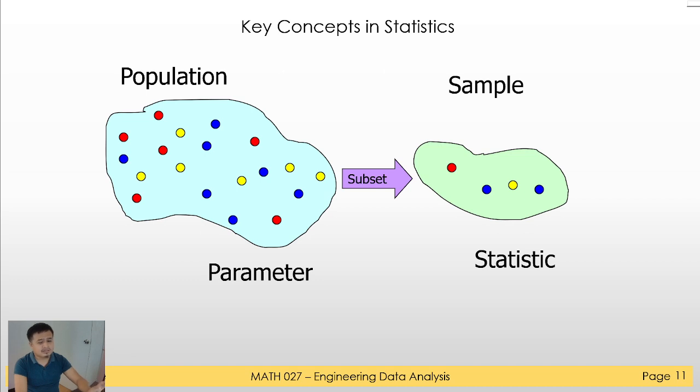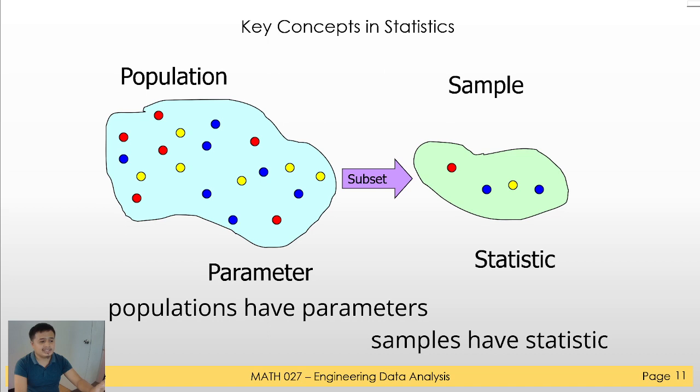To visualize this, if we have a sample from this right portion, anything that you measure there will be called a statistic. But if we gather this sample from the population, every measure in the population will be called a parameter. So again, populations have parameters, samples have statistics.